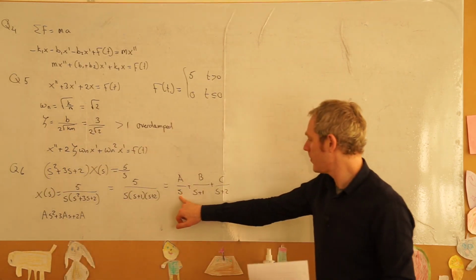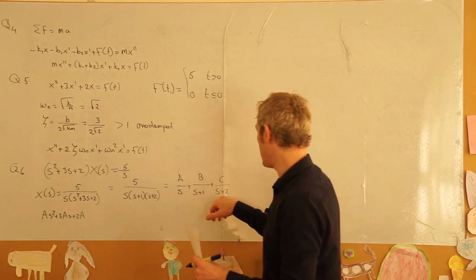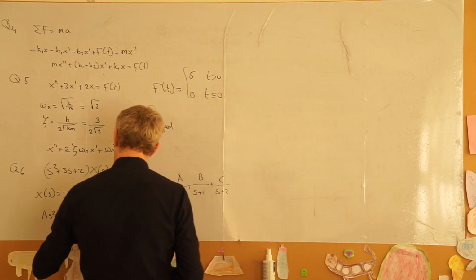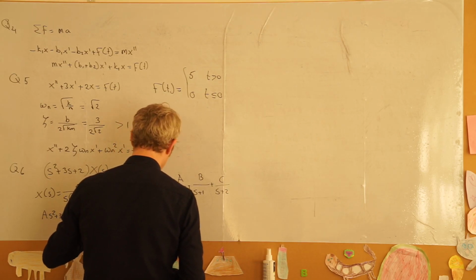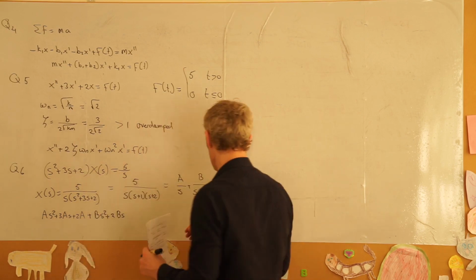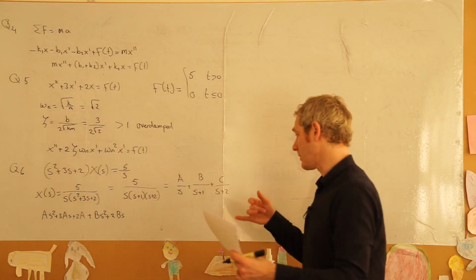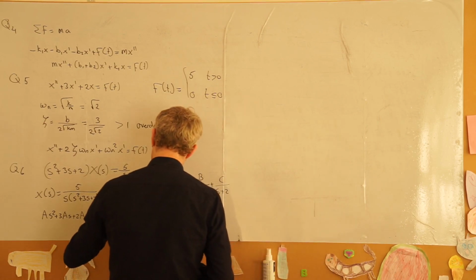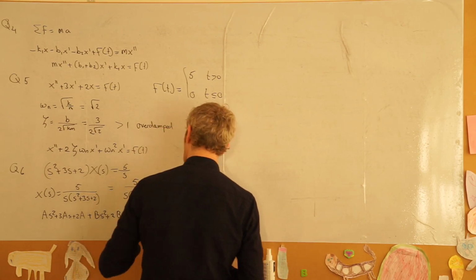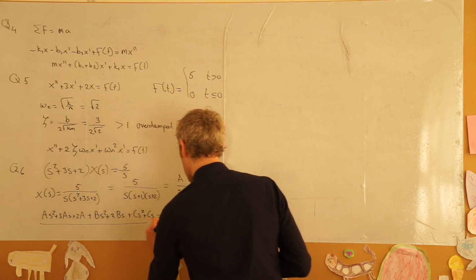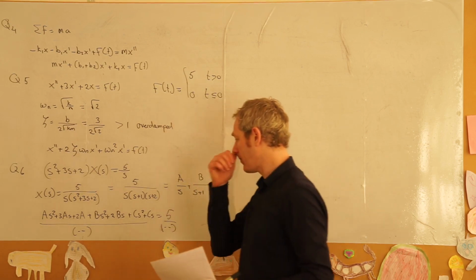For B, I multiply by s and s plus 2, so that is s squared plus 2s, so I get Bs squared plus 2Bs. And for C, I multiply by s and s plus 1, so that's s squared plus s, so plus Cs squared plus Cs, and that has to equal 5 because they have this same denominator now.